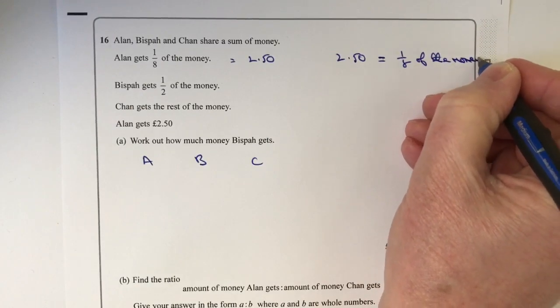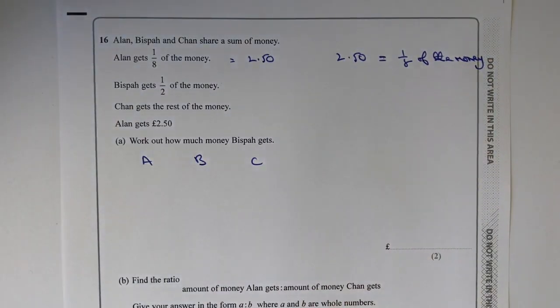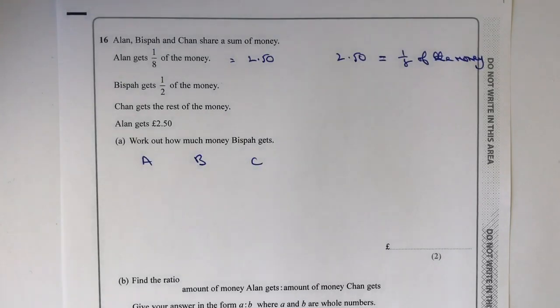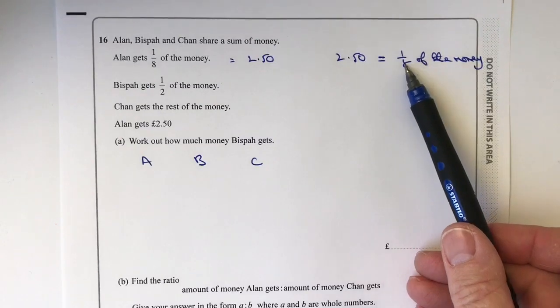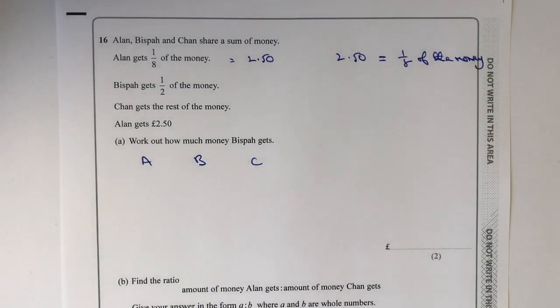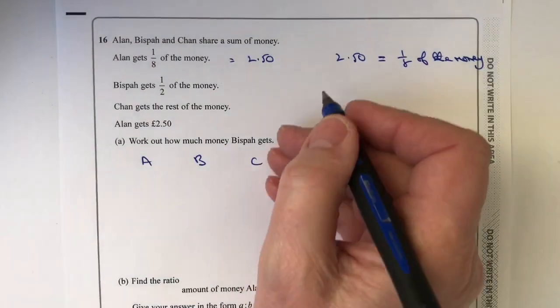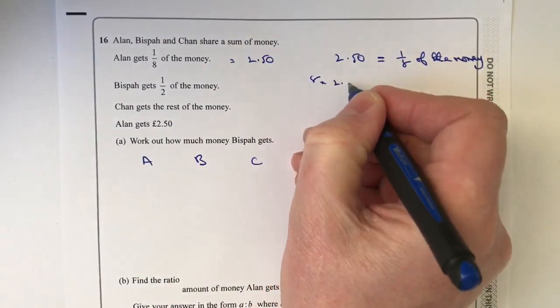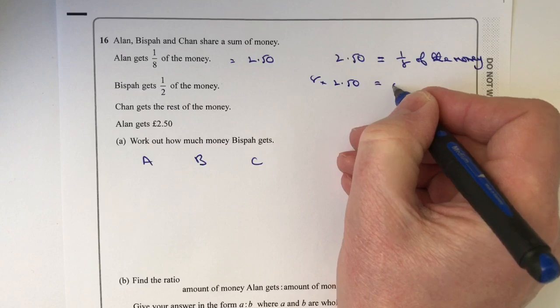If I want to find out how much money there is altogether, then I'm going to multiply it through by 8. So if I want to find out a whole, or 8/8, I can multiply that through. So I get 8 times £2.50 equals all the money.